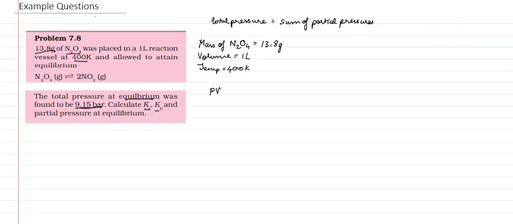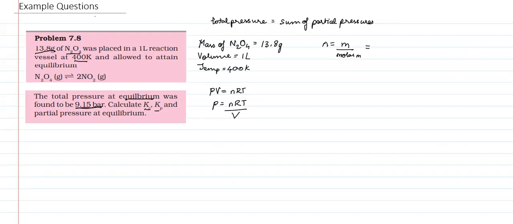So do you think maybe from this we can calculate the pressure? That is PV equals nRT. So pressure equals nRT divided by V, where n is the number of moles, which we can calculate from the mass. n equals mass divided by molar mass. Molar mass for N2O4 is 14 times 2 plus 16 times 4, that is 92 grams per mole.